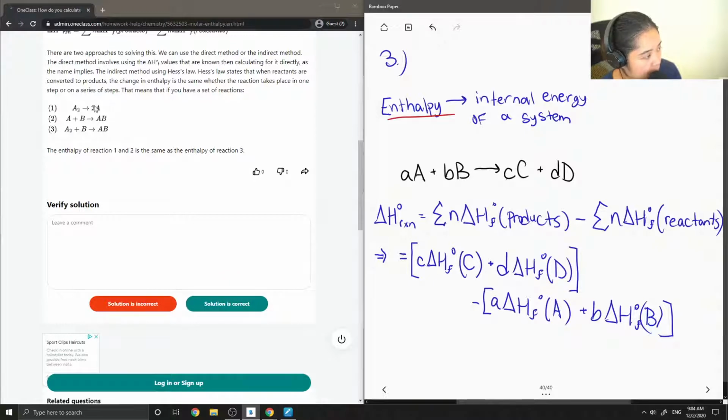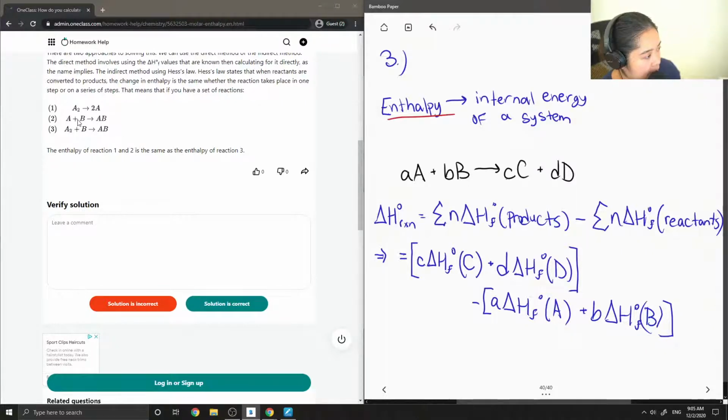Yep, so if we were to cross out anything that is the same on both sides, then we end up getting reaction 3. So they say here the enthalpy of reaction 1 and 2 is the same as the enthalpy of reaction 3.